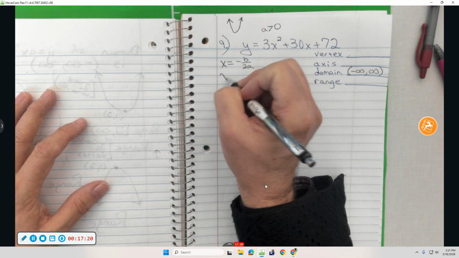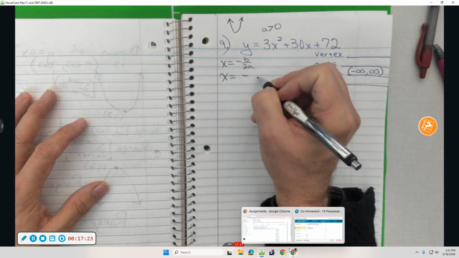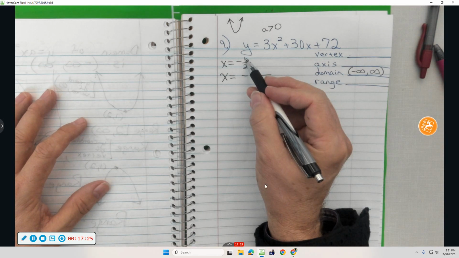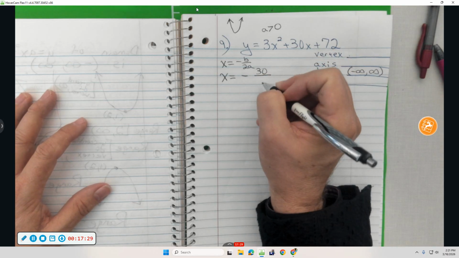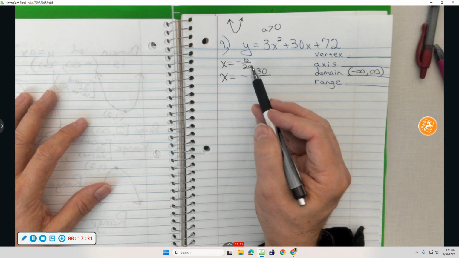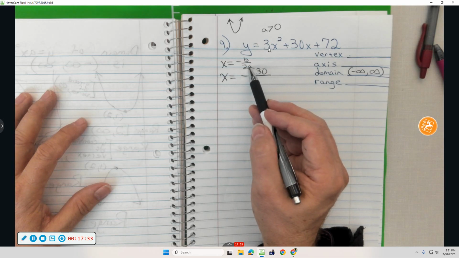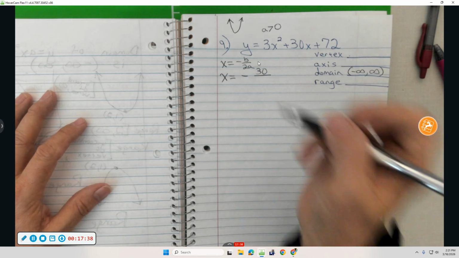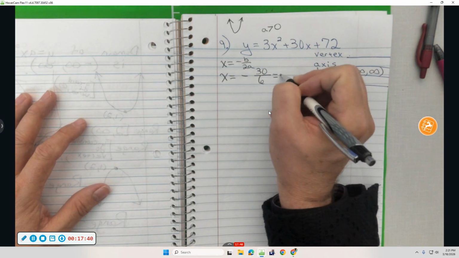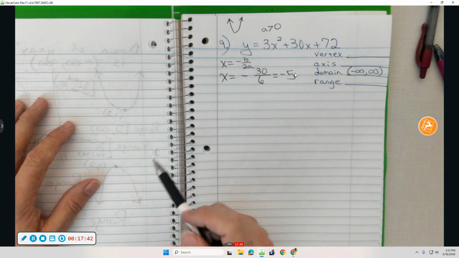So we have x equals negative 30, the number in front of x, all over 2 times A. We can do that in our head. 2 times 3 is 6, to give me x equals negative 5.